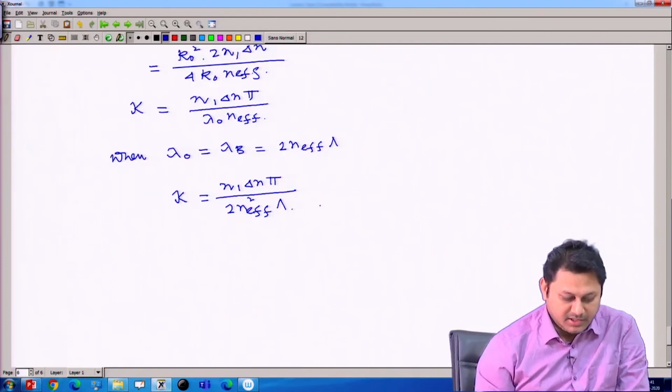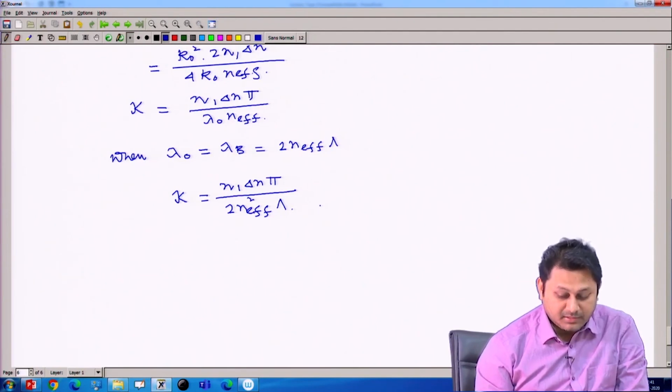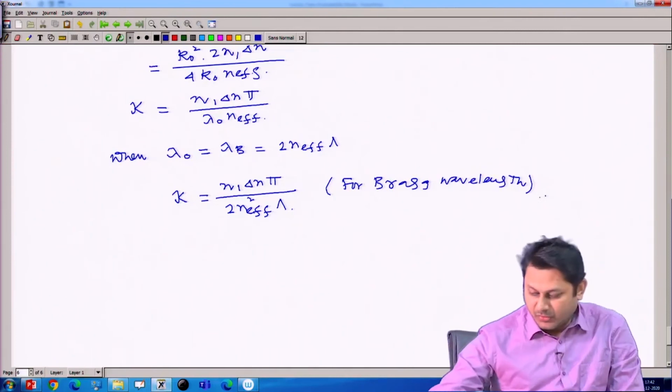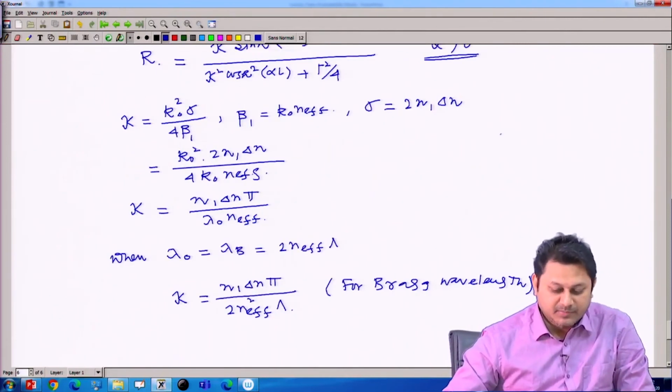So, for Bragg wavelength this condition is there. We already figured out the expression of reflectivity for this condition.